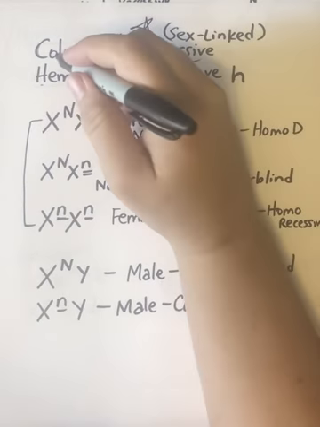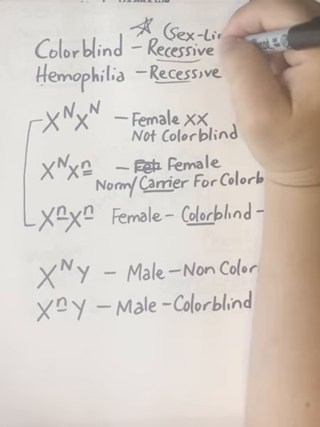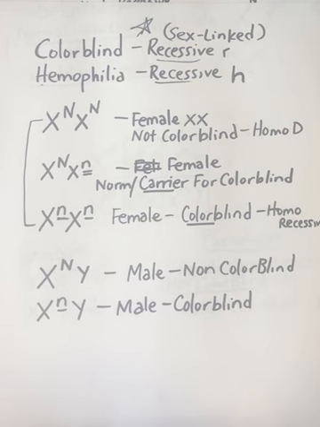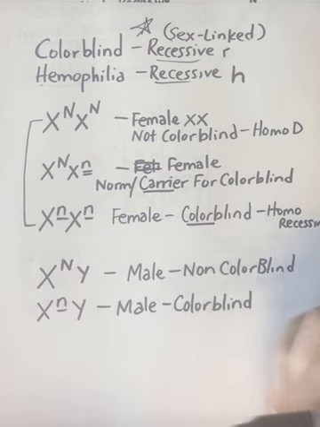You could technically use R for colorblindness because colorblindness is mostly for red colorblindness. So a lot of times they'll use the letter R for red-green colorblindness. And it is more common for males to become colorblind because they only have one X chromosome. And that's kind of an important aspect to understand about sex-linked inheritance.